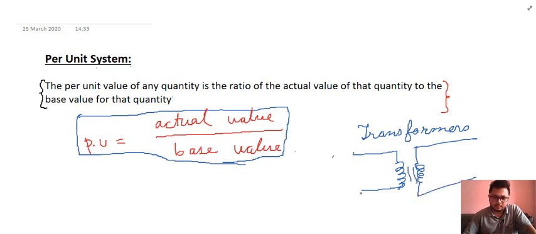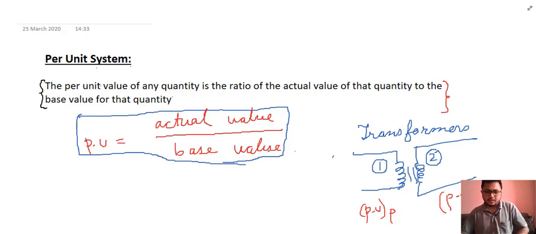If we consider the per unit system, we will have the same value on both ends, that is, the per unit value in the primary and in the secondary will be the same. So the simple definition of the per unit system is actual value by base value. Please note this down.